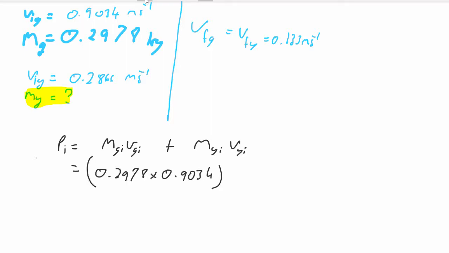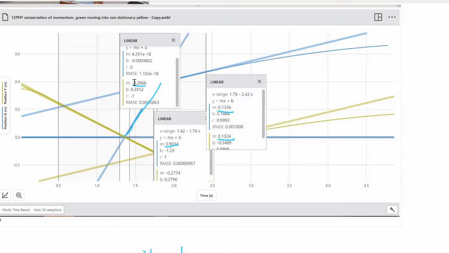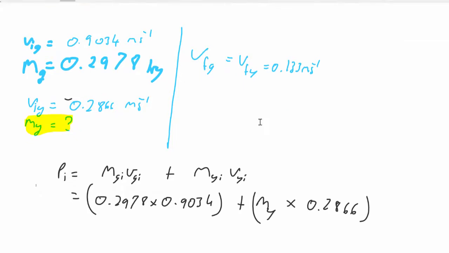That's the initial velocity of that one. The mass of the yellow, and we don't really have an initial mass because the mass isn't changing, but that's okay. Initial velocity of my yellow 0.2866. Were they both traveling in the same direction? No, they weren't. So you'll see that 0.2866 is a negative. So there should be a negative number there and a negative number there.